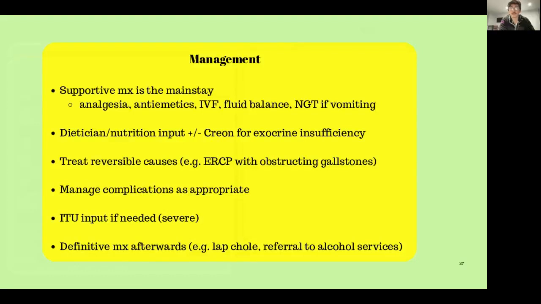Treating the reversible cause: if it's gallstones, you can do an ERCP and cholecystectomy. We'll come on to complications in the next bit, and then ITU input. Get that early on if you need it. Alert them, and definitive management afterwards.